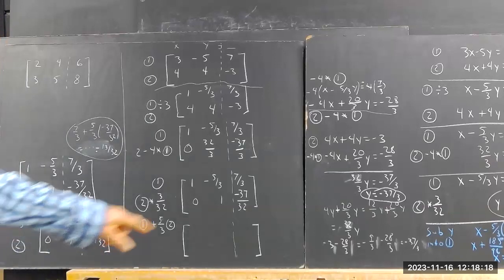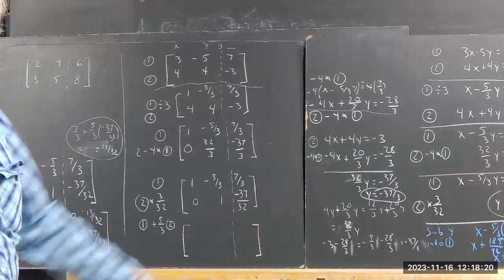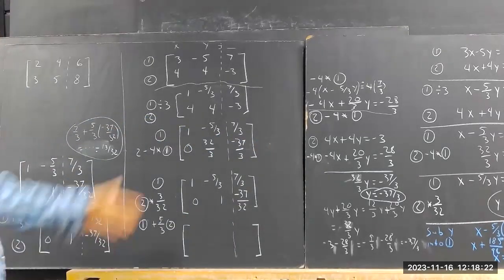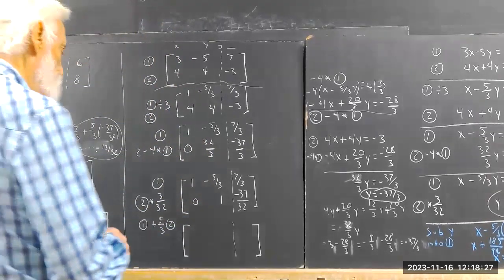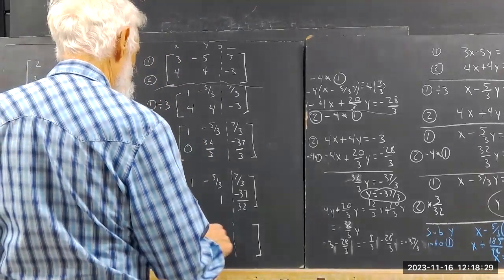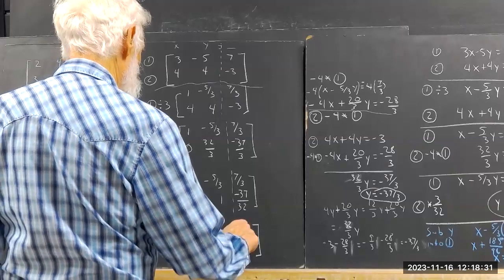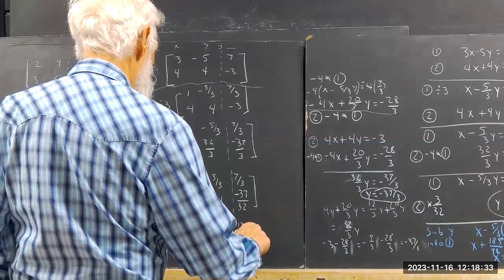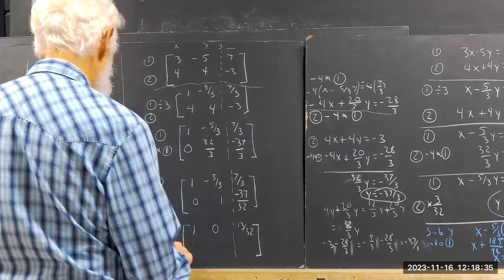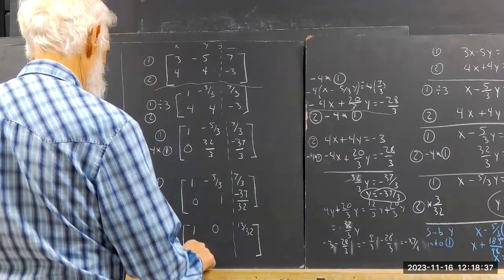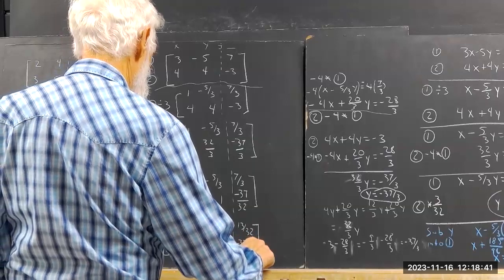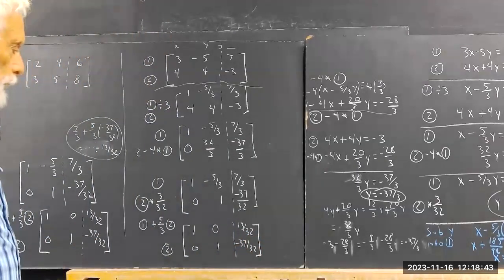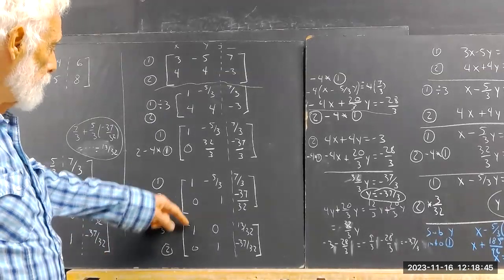Now you notice these are the same numbers we got when we did it before. We've just worked it through without having to write down the X's and Y's, so we could just deal with the numbers. So now if we put the X's and the Y's together, what does this mean?